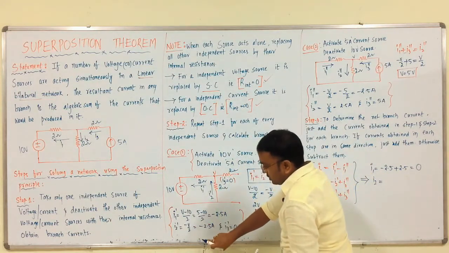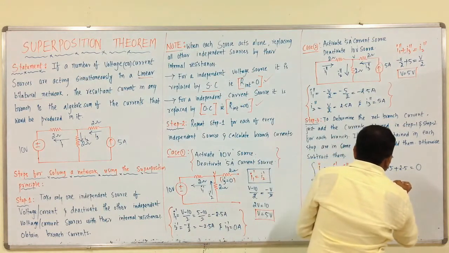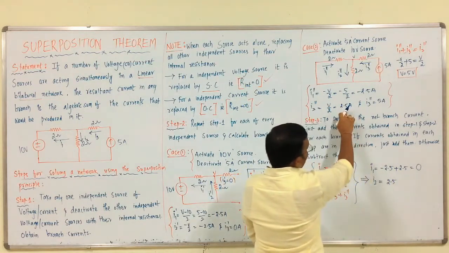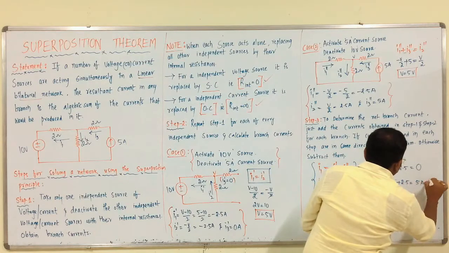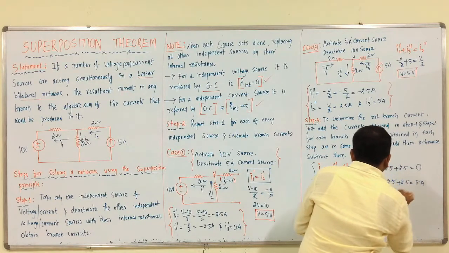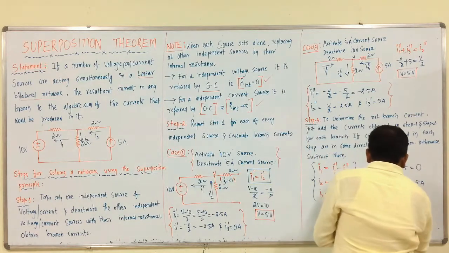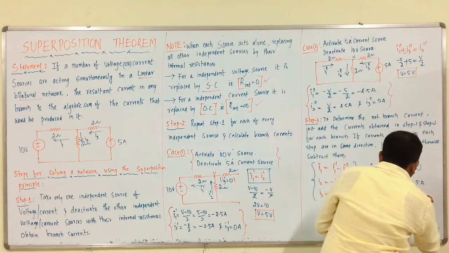Minus I2 dash, see, minus of minus plus 2.5, 2.5 plus I2 double dash plus 2.5, which equals 5 amperes. Like this, I3 equals what? I3 dash is nothing but 0 plus I3 double dash 5, which equals 5 amperes.